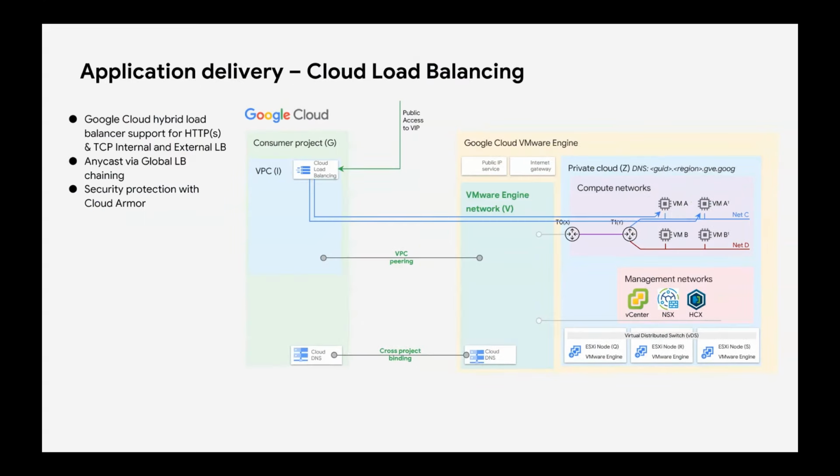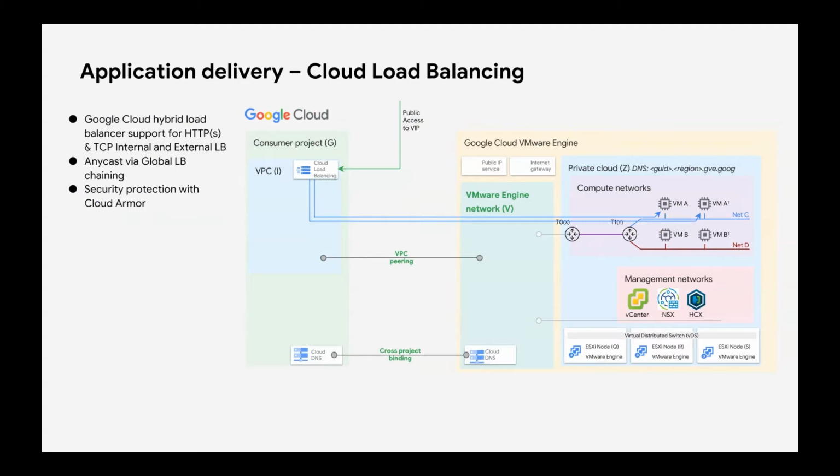Let's take a look at the Google Cloud native load balancing options for workloads residing on Google Cloud VMware Engine. We can now use our regional external load balancers directly for workloads on Google Cloud VMware Engine. Now, apart from the scalability and reach which our load balancers provide, we can also protect the workloads using services like Cloud Armor once we start using our external load balancers.